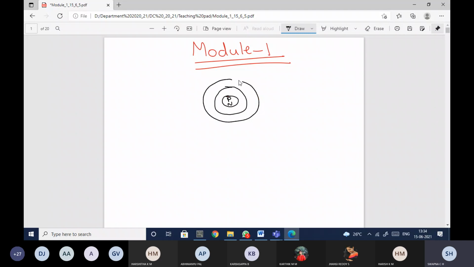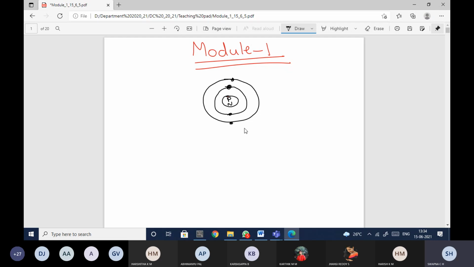Protons are said to be positively charged, neutrons are neutral, and electrons are said to be negatively charged. All the electrons will surround your nucleus. The nucleus is the center part where your protons and neutrons together are present.